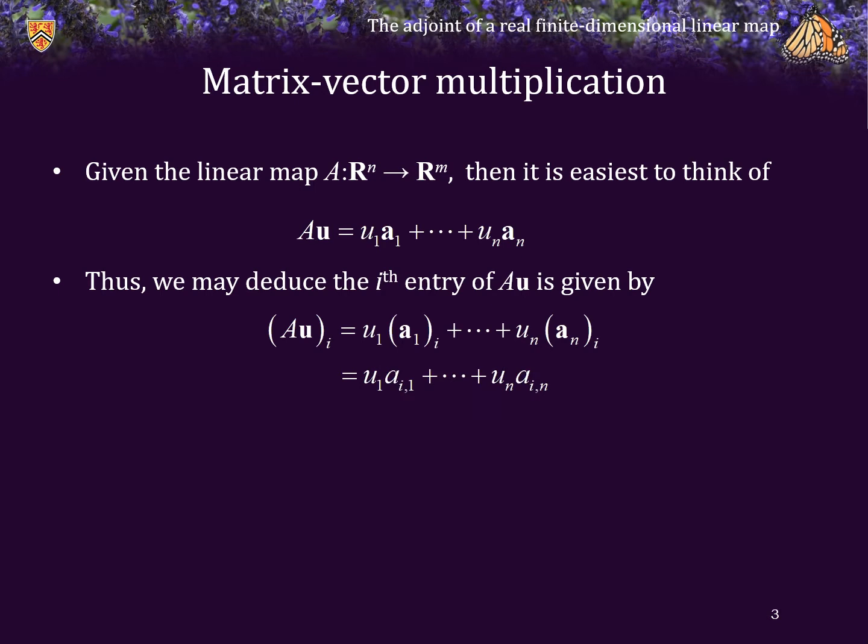So going back to the matrix, this is going to be the first entry of u times the entry A_i1 of the matrix, plus so on and so forth up until the last entry of the vector u times the matrix entry A_in. We can write this more succinctly as the following sum where j goes from 1 to n.